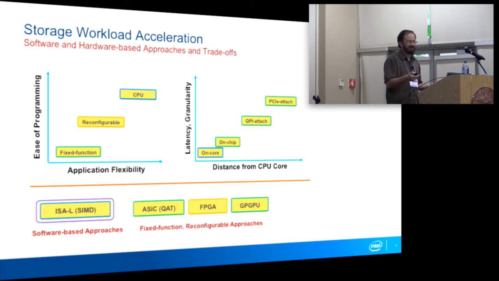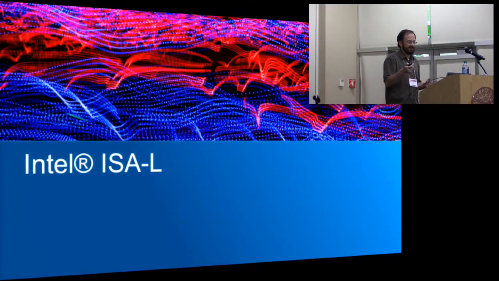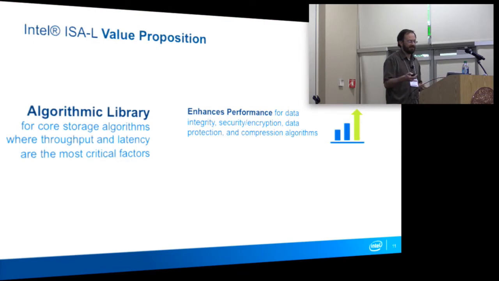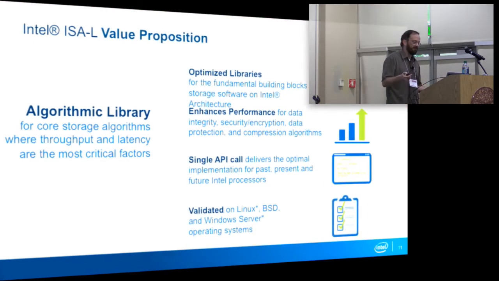So ISA-L, like I said before, is an all-software library that does the acceleration. QAT is our hardware acceleration. So just a little review of ISA-L. If you remember from my talk yesterday, it's a complete software library. It's open source.